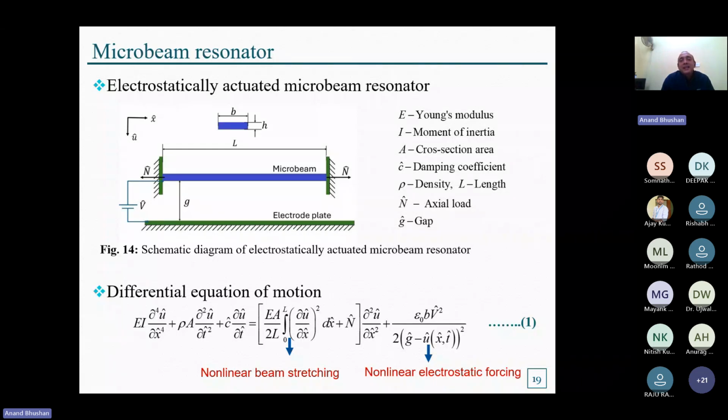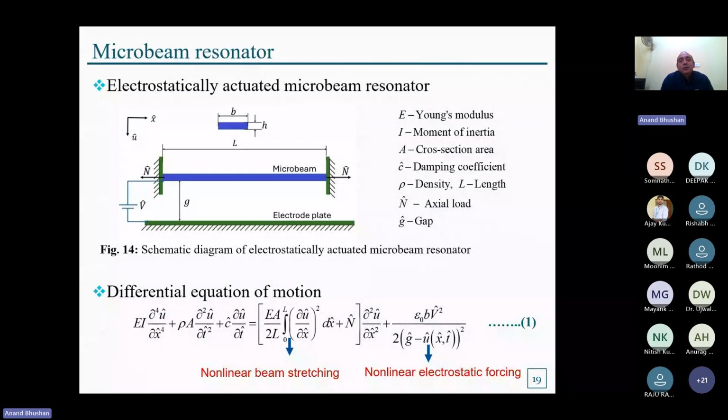When the microbeam is getting deflected, due to the end restraint, the microbeam gets stretched. So this nonlinear beam stretching component takes care of the axial force build-up due to the stretching of this microbeam, and it is a kind of geometric nonlinearity. It is added to the initial axial load present due to the residual stress. The second one is a nonlinear electrostatic force, which we have just seen in the parallel plate actuator.